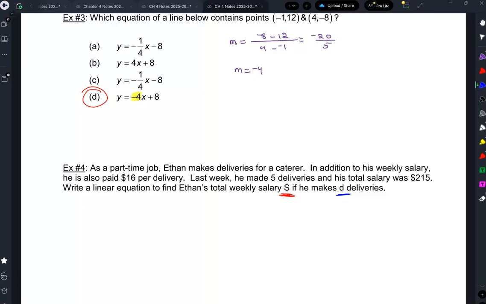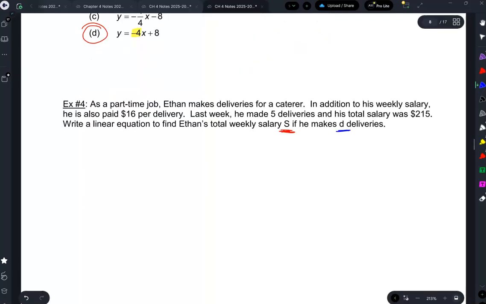So now, take a look at what we're going to do. You know how we have y equals mx plus b? Here, S equals md plus b.